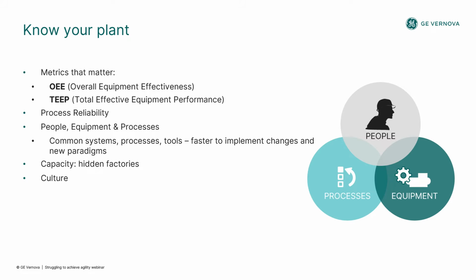And then of course, understanding your people, your equipment, who's on, what equipment is up and running, what equipment is under maintenance, what orders are coming down onto what equipment, and then the common systems and processes that actually track the types of things that are happening.